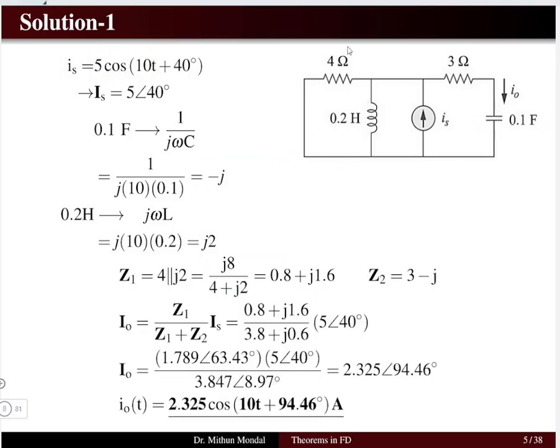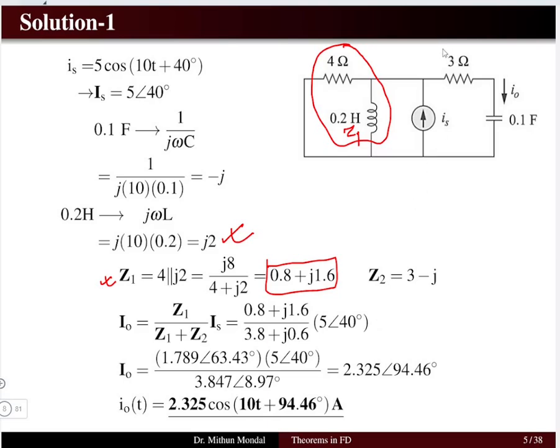Now we can see that the 4 ohm resistor and the inductor are in parallel. So we can obtain the equivalent impedance Z1 for the resistor in parallel with the inductor. The Z1 that we get is 0.8 plus j1.6.